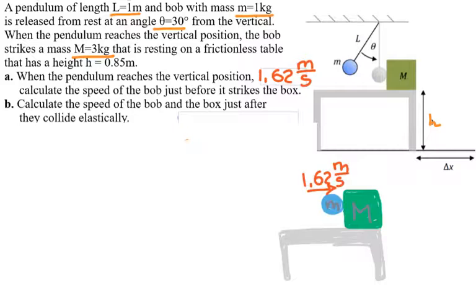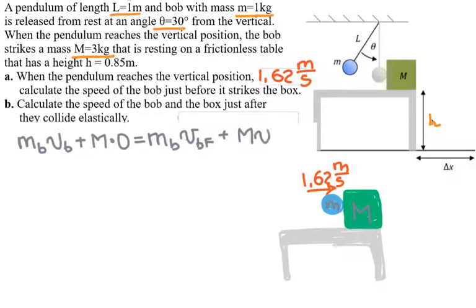For the next part, they ask you to calculate the speed of the bob and the box just after they collide elastically. So I can use conservation of momentum. The mass of the ball times the velocity of the ball, the one that we just found, 1.62, before, plus the mass of the block times its velocity before, equals the mass of the ball times the velocity of the ball final, plus the mass of the block times the velocity of the block.